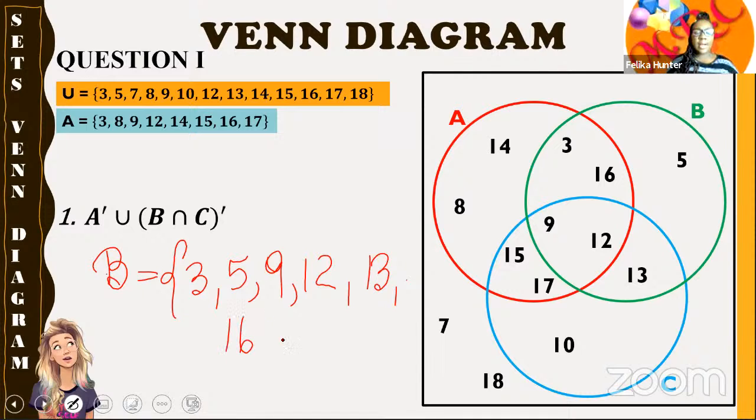All right, good. So we have those: 3, 5, 9, 12, 13, and 16.